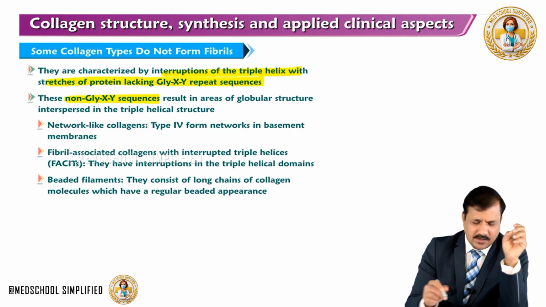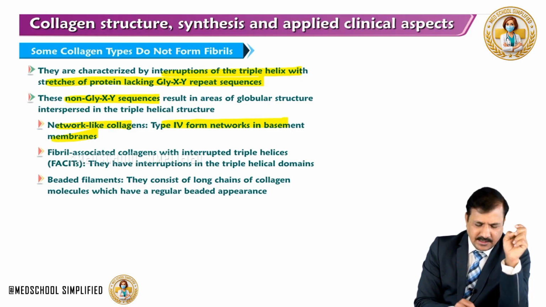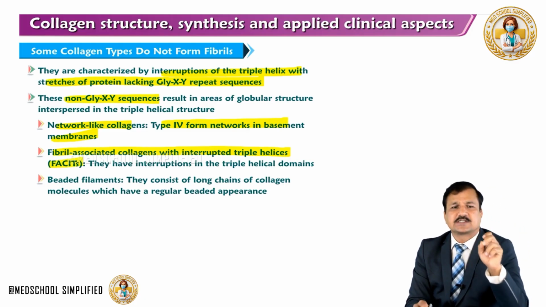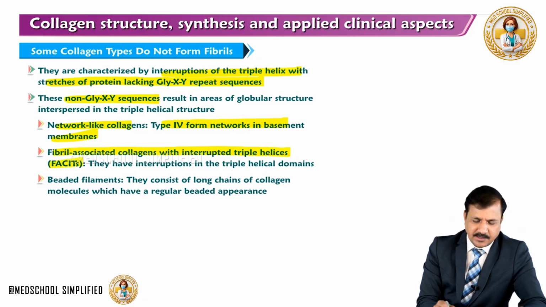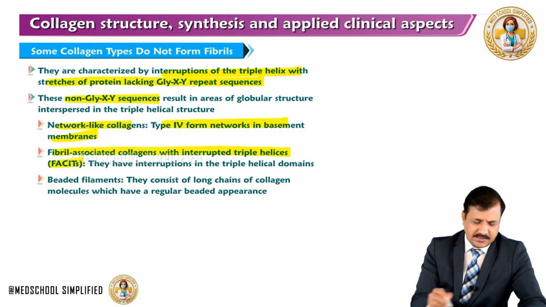So, in that we have network-like collagens like type 4 collagen, which forms the basement membranes, and then fibril-associated collagens with interrupted triple helix, which are referred to as FACITs. They have interruptions in the triple helical domain because of the appearance of non-glycine X-Y sequences.